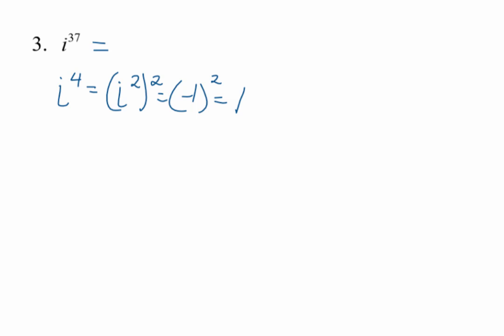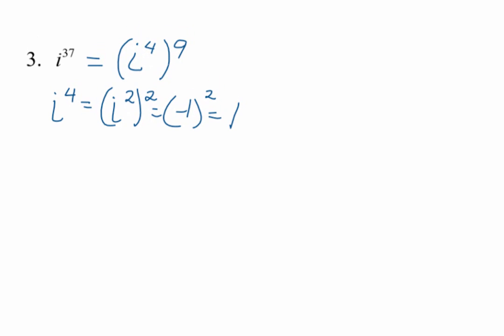So we know that every multiple of 4, if we can break this up into groups of 4 i's, those 4 i's would multiply to 1. So here we have 37 i's. How many groups of 4 i's can we make? Well, we can make 9. That'll use up 36 of our i's. And that means that we have 1 leftover i.